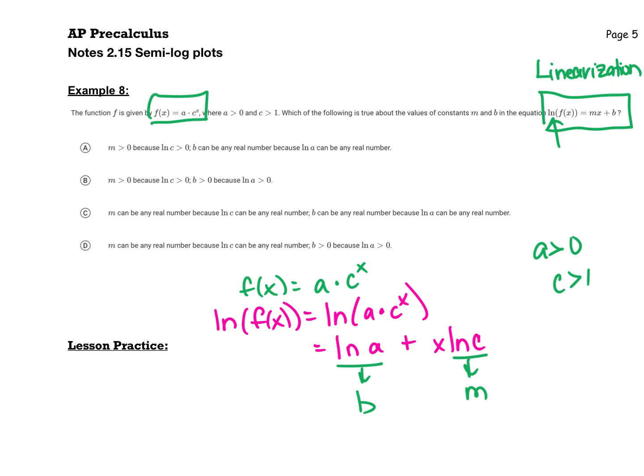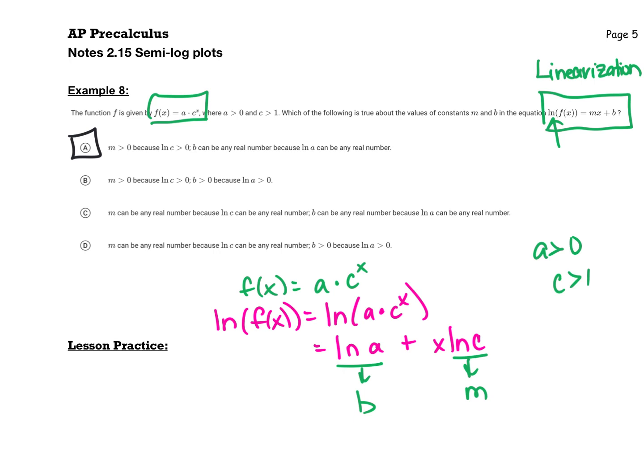Well, if a is greater than 0, could b be any real number inside of there? Yeah, it could. Okay, if a is greater than 0, can I take the logarithm of it? Yep, I sure can. So that's going to be any real number. Okay, that whole thing is going to be any real number. The correct answer is A, but I want to talk about why the other things aren't true.